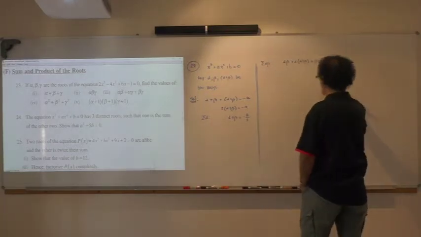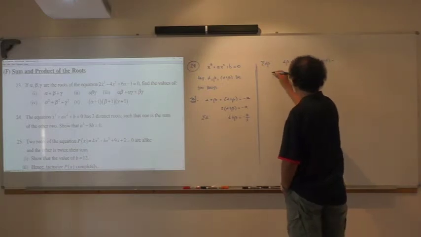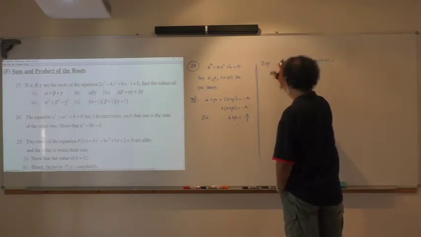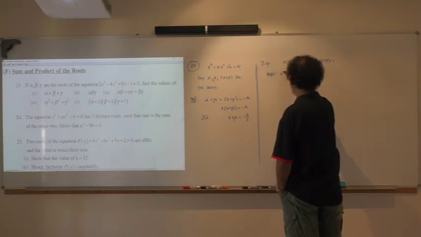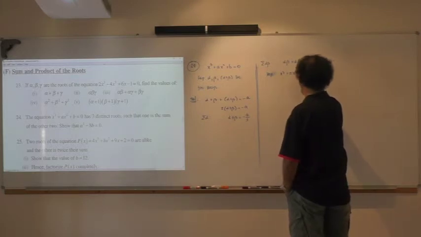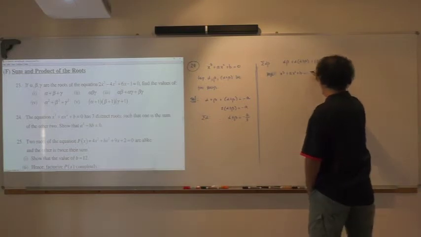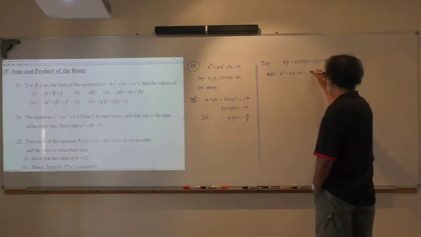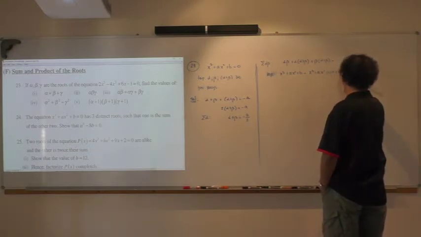Okay, so we're also going to make a note: x cubed plus ax squared plus b is the same as x cubed plus ax squared plus 0x plus b.